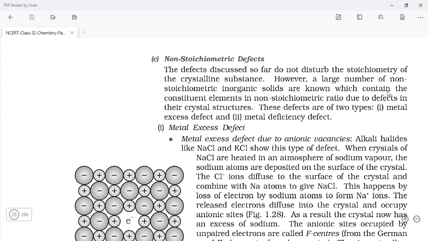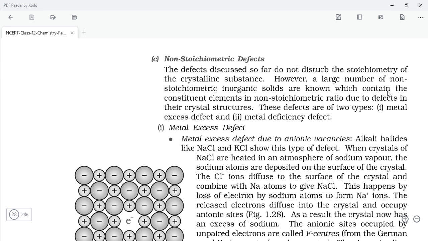Metal excess defect, in which the metal, just by judging the name, is not taken in excess but becomes more rich in the lattice, and the anion number relatively decreases.